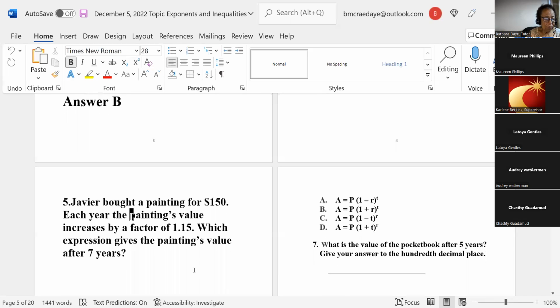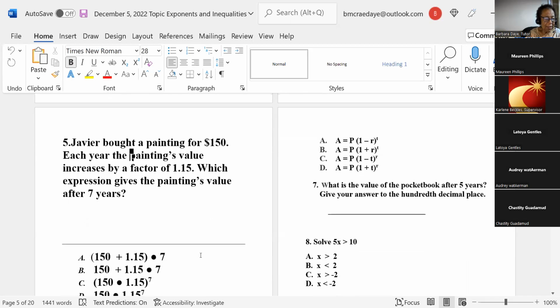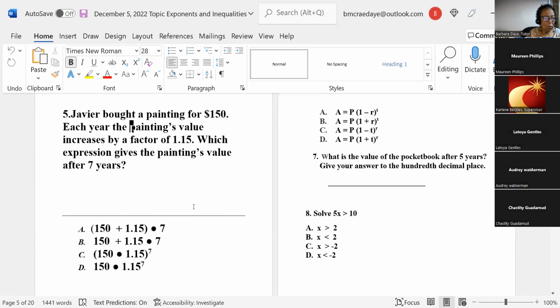Which expression gives the painting's value after 7 years? Now, what do we do with that factor? We change it to decimal. What do you do? Multiply it by the years. What do you do, Latoya? We add. Add what?